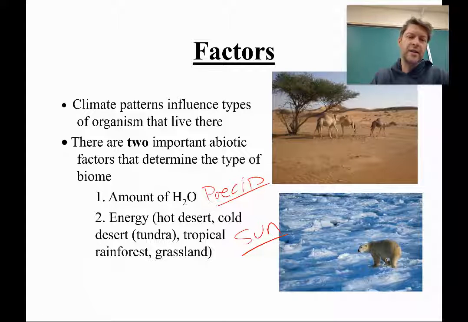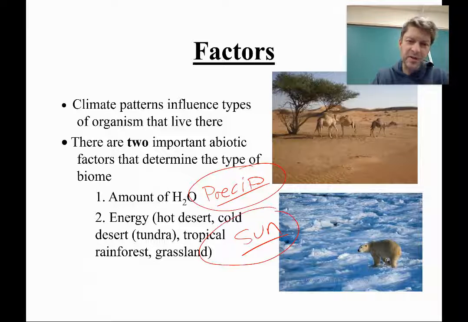So ideally, to get the most biodiversity out of a biome, you want lots and lots of precipitation and also lots and lots of sun. Too much sun with not very much precipitation and you get a desert. Too much precipitation and not a lot of sun, then you get lakes and oceans and swamps.